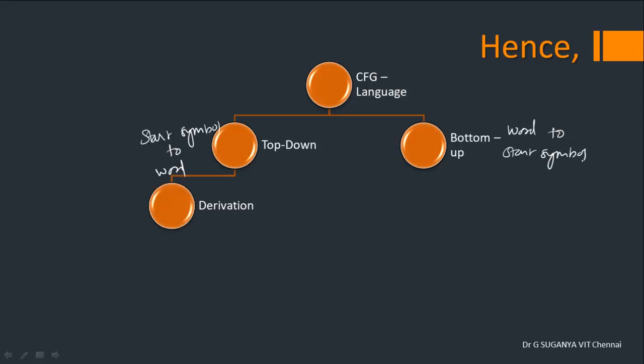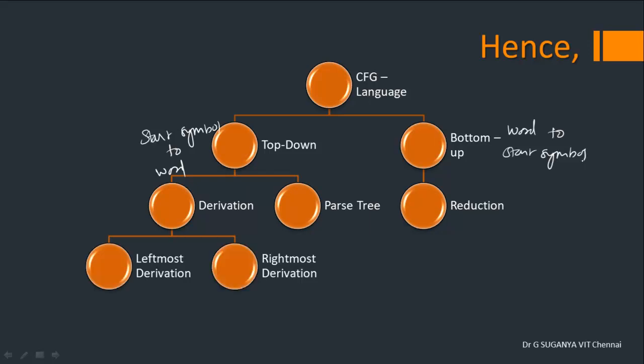Under top-down, there are two approaches. One is derivation, another one is parse tree. In derivation, we have two methodologies, leftmost and then rightmost. And in bottom-up, we have this methodology which is reduction. Hope you are clear. Let us move on to do two examples.